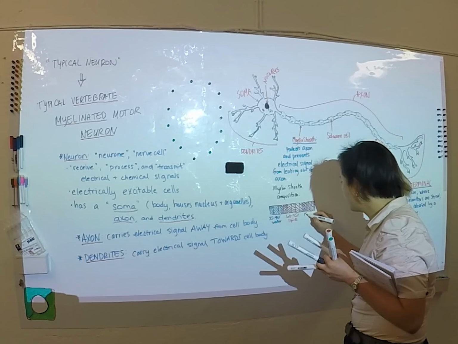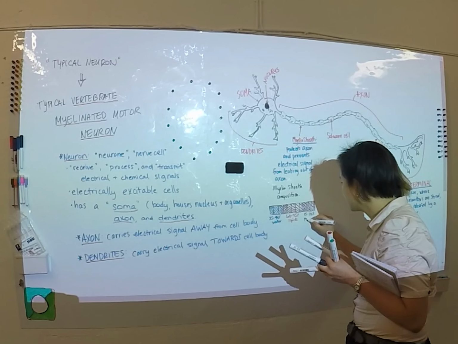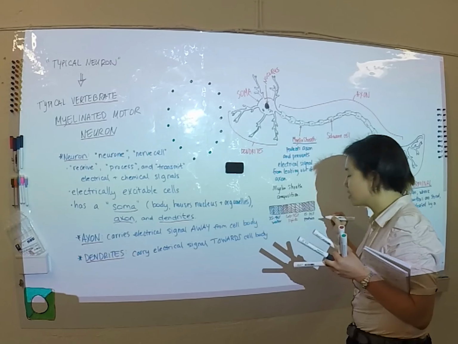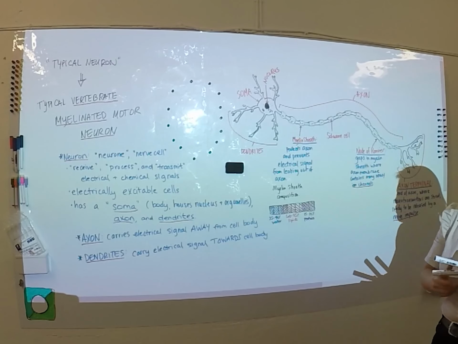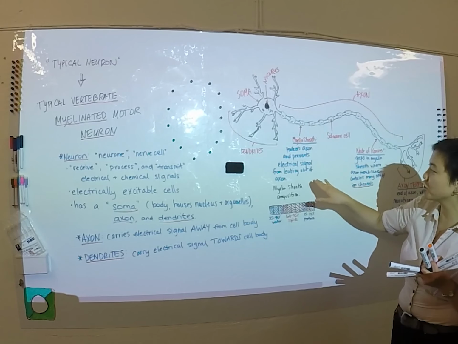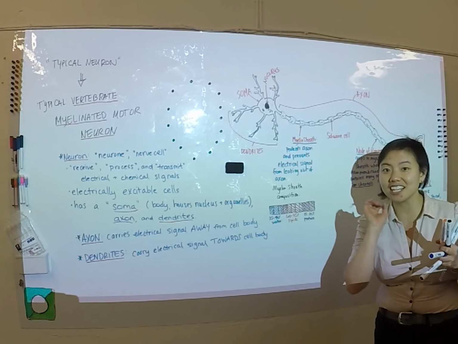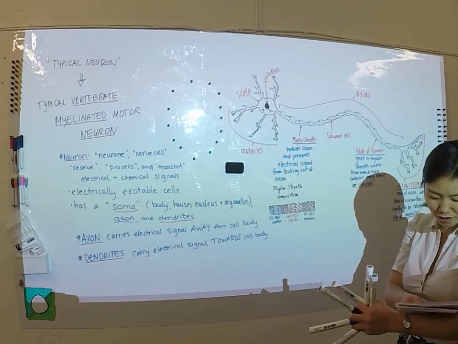So 15 to 25% protein. Okay? So that is the composition of myelin sheaths. That is what is protecting the axon and preventing electrical signal from leaking out of the axon, okay?